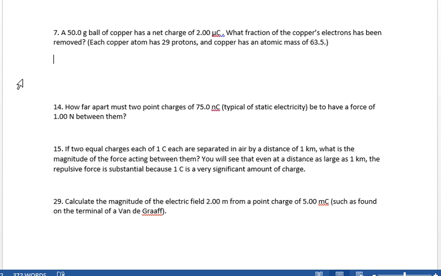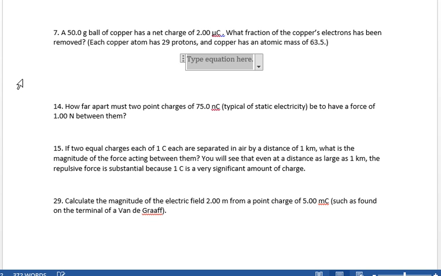What we really want to know is how many electrons there are, so we can figure out what fraction of those electrons represent the minus 2 microcoulombs that we have to take out of the copper. We start by figuring out how many copper atoms there are.